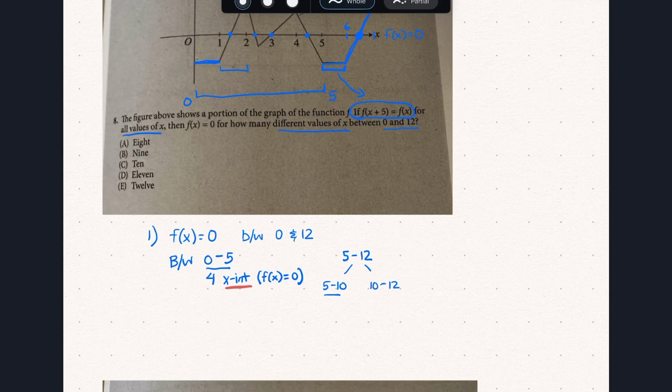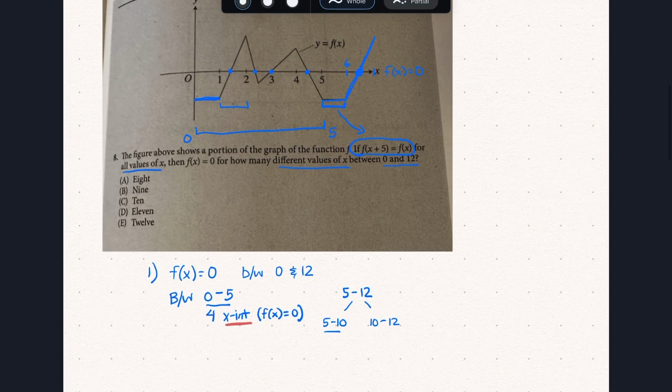So if we have four x-intercepts, or four values for f of x equals 0 between 0 and 5, we should also expect there to be four of those between 5 and 10.